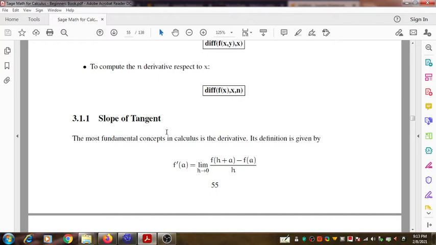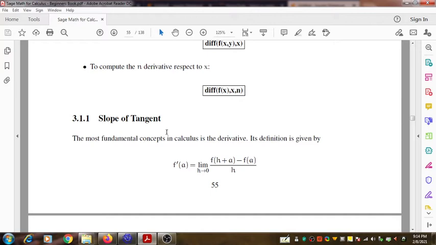If we specify the point at which we evaluate, then we get a number. Otherwise, if we find this limit at the variable point x, then we get a function. So these are the two situations.